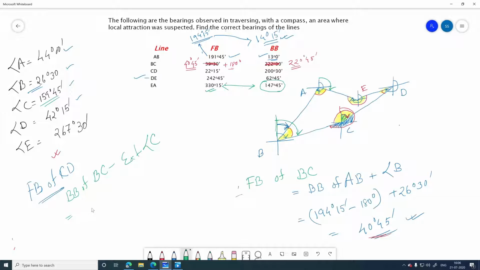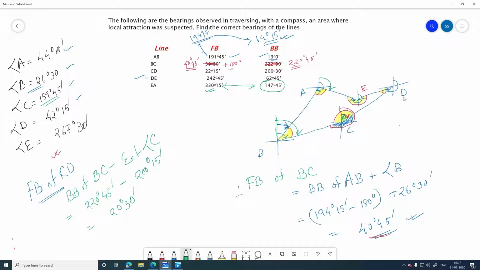So I am writing the back bearing of BC, that is the corrected value, 220 degree 45 minutes, minus exterior angle C, and that value is 200 degree 15 minutes, and the forward bearing of CD becomes 20 degree 30 minutes.